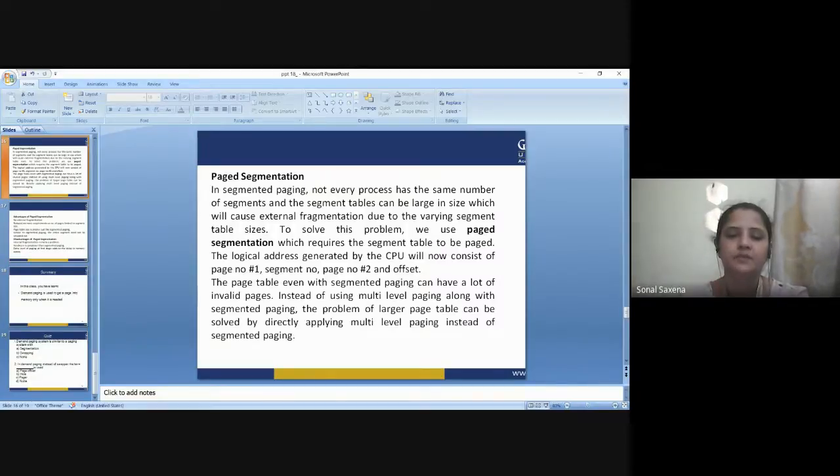Now, to solve this problem, we use paged segmentation, which requires the segment table to be paged. The logical address generated by the CPU will now consist of page number 1, segment number, page number 2, and the offset.